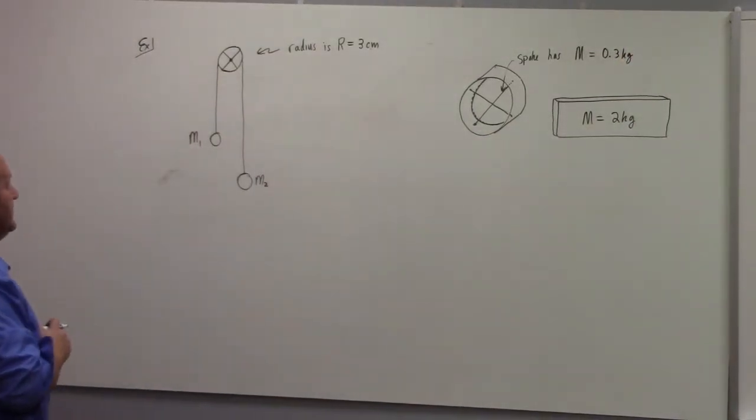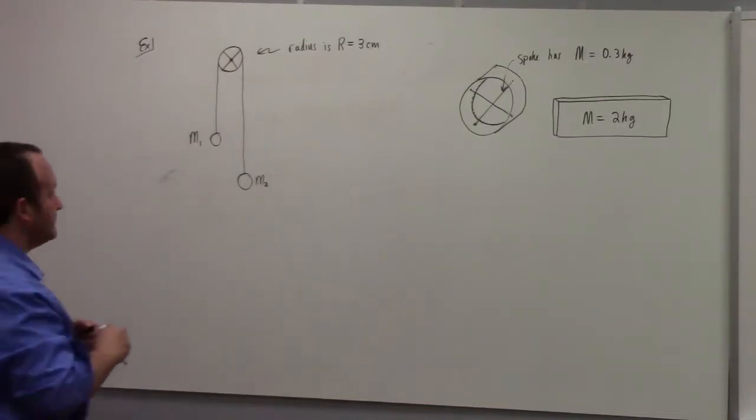So you have 0.3 kilogram spokes, and the mass of the iron on the exterior part of the wheel is 2 kilograms. And these are manufactured together, such that they rotate around a center point, and so form a pulley, right? Because it can spin and the rope goes over it. So the question then is, what's the acceleration of the system?